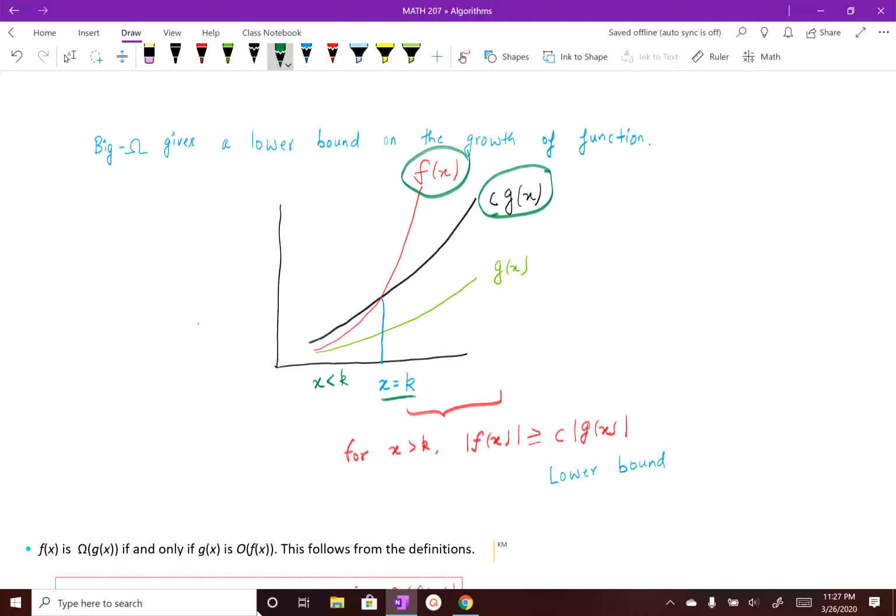But when you cross x equal to k and go to x greater than k, the behavior changes, and now f(x) will dominate c times g(x). So c times g(x) will give a lower bound on the growth of the function. Okay, so it will give a bound from below.